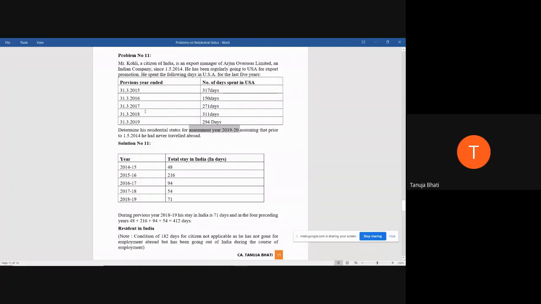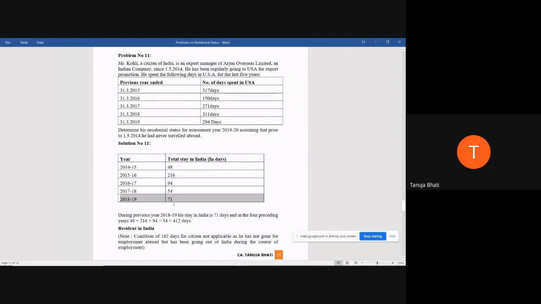Here 2019 comes in 2018-19 because it is 31st March 2019. So he stayed in USA for 294 days; 365 minus 294 is 71, because the balance days he's staying in India. So in the previous year, he's staying just 71 days in India.